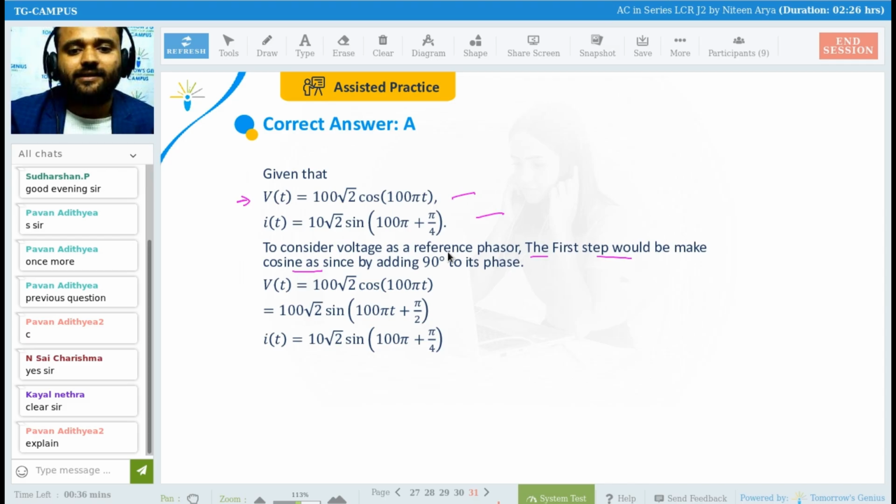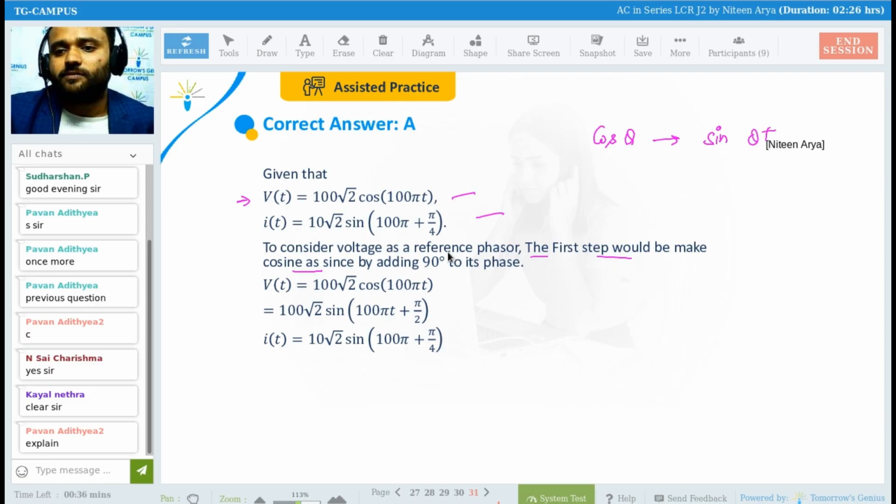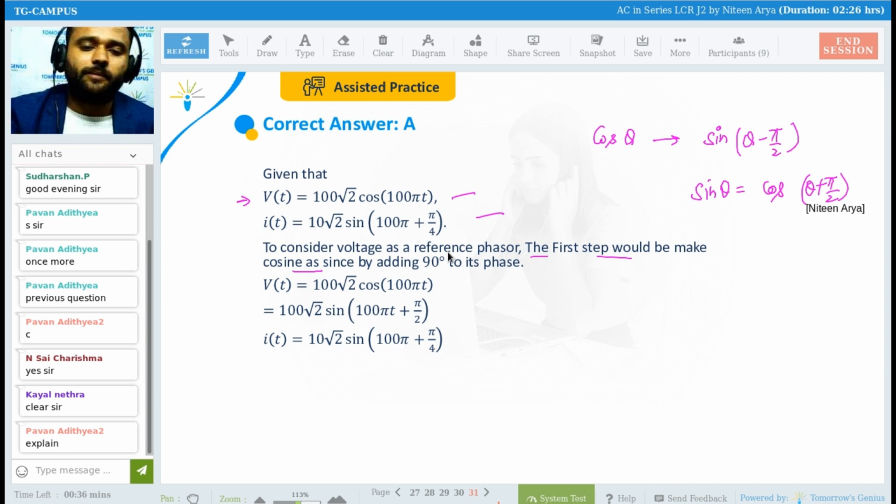So how can I do that? Cos theta to sine theta: it is going to be sine theta plus pi by 2 or minus pi by 2 also. Basically sine of theta minus pi by 2 is cos theta. So if I need to write sine theta, automatically it is going to be cos of theta plus pi by 2. Got it? So the same I'm doing here.